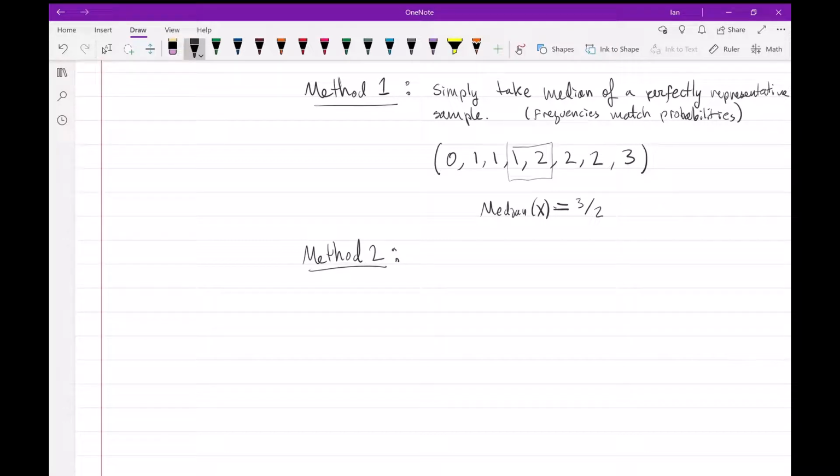It's essentially the same rules for taking the median. It's just a slightly different way of thinking about it, which is: go from left to right, and you could do this from right to left also. I'm just essentially choosing one. Go from left to right on the histogram.